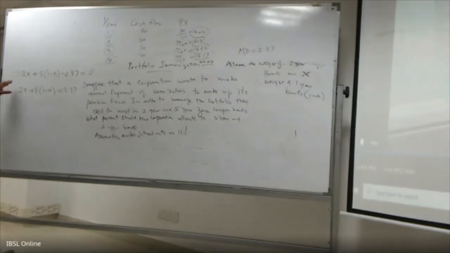So therefore you have to purchase 88% of 2-year bonds and 12% of 5-year bonds.